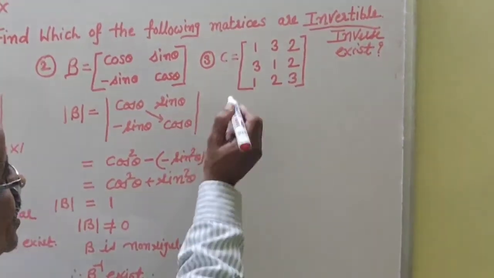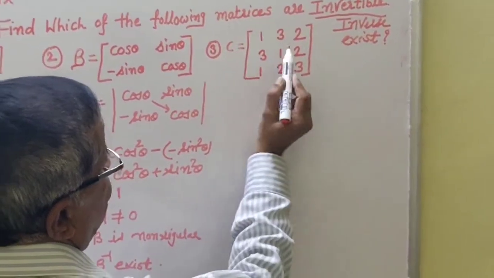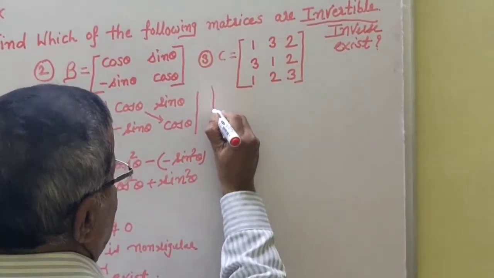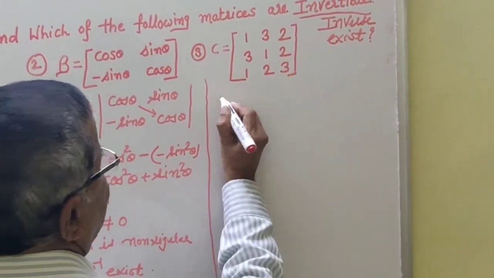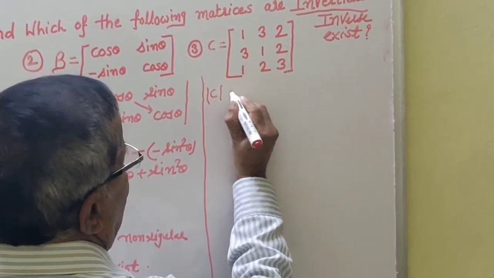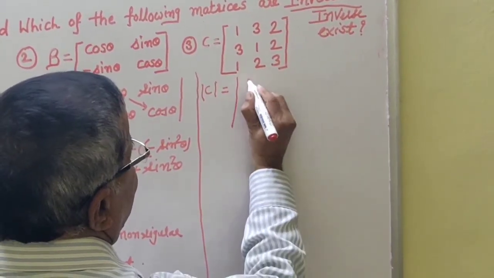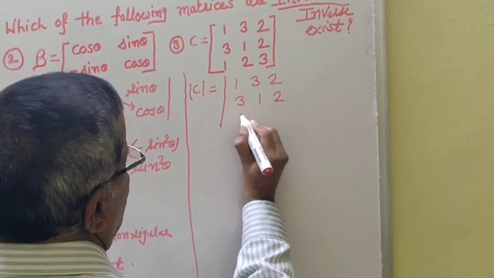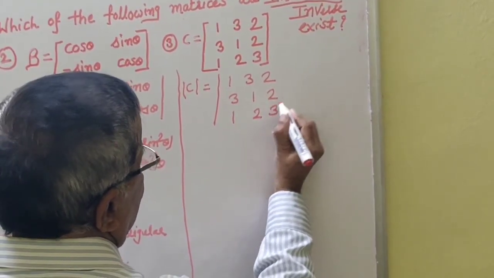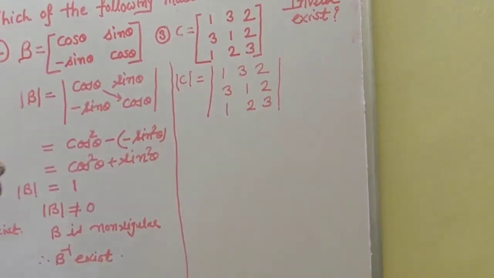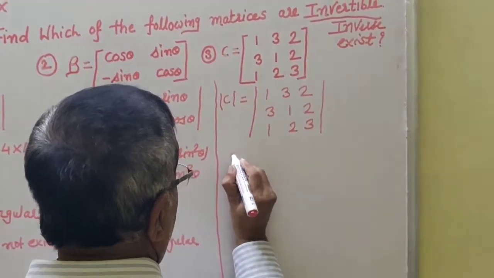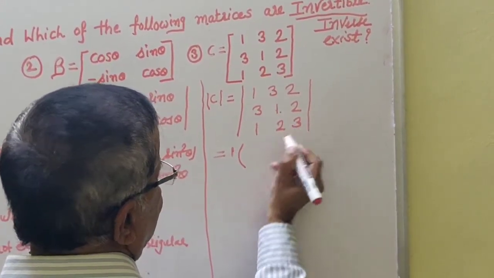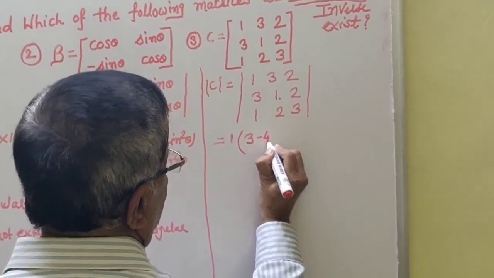Okay, now we are going to start problem number 3. C is equal to [1 3 2; 3 1 2; 1 2 3] is given. Again I will solve this by taking the determinant of C. I am writing this: 1, 3, 2, 3, 1, 2, 1, 2, 3. Now I will start solving this determinant. I will write down 1, and multiply: 1 into 3 is 3 minus 4.